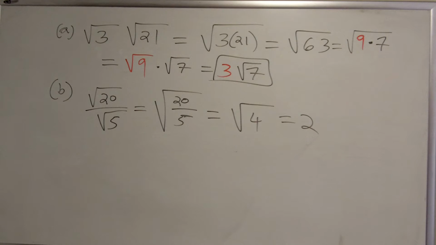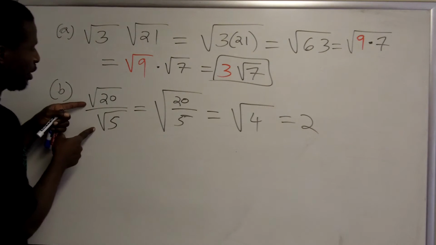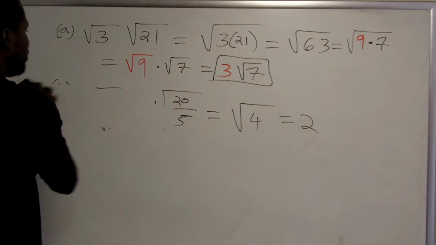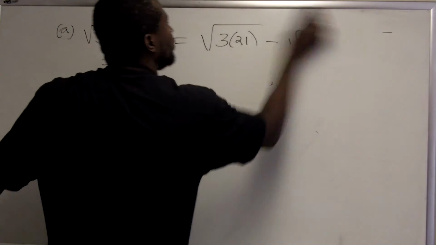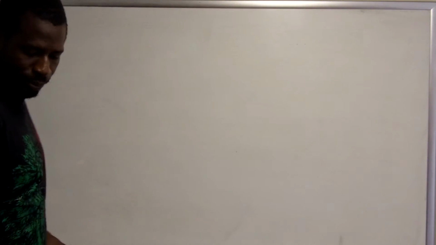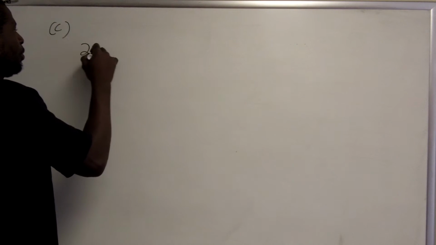So that's the multiplying and dividing. To do the multiplication, use the product rule. To do the division, use the quotient rule. Now let's talk about adding and subtracting. So this is addition.